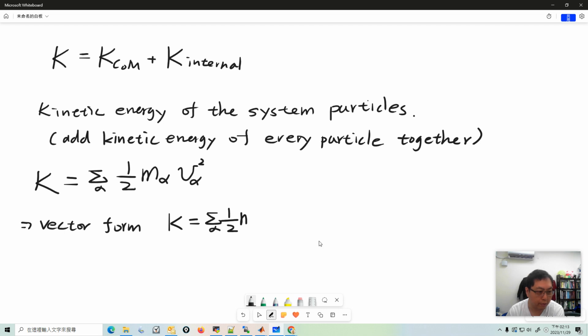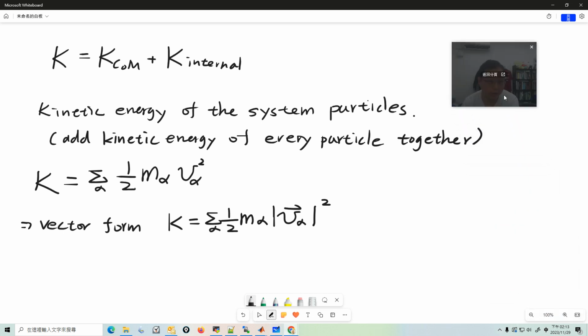It's actually m alpha times the magnitude of the velocity vector of each particle, squared. In vector format, that's the kinetic energy.